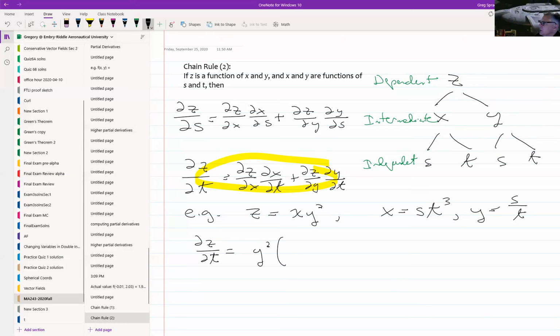Del x del t is 3st squared. Del z del y is 2xy. And for dy dt, again, I'm not going to use the chain rule because you don't need it. I'll rewrite y as st to the minus 1. So del y del t is minus st to the minus 2.